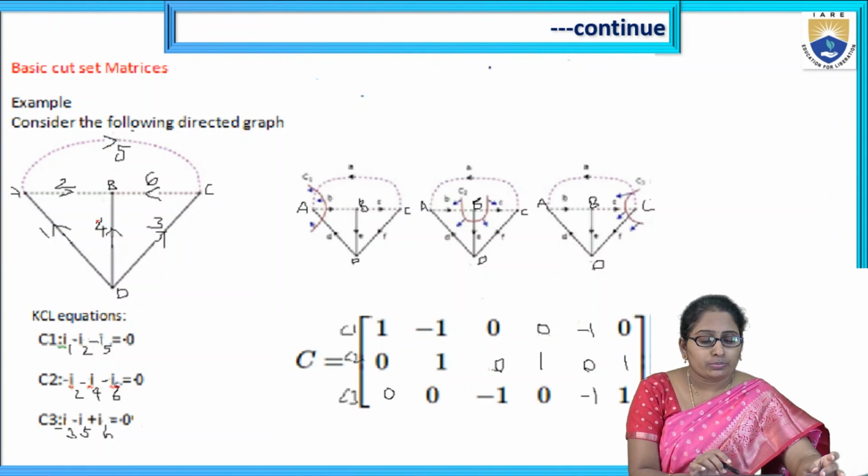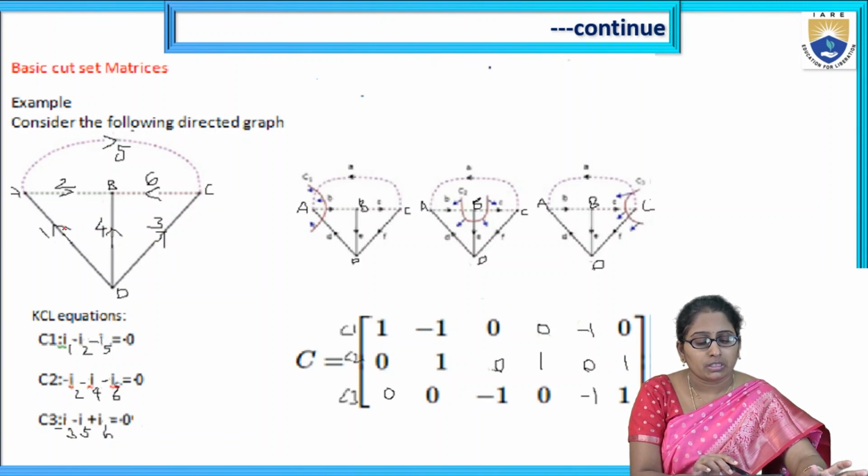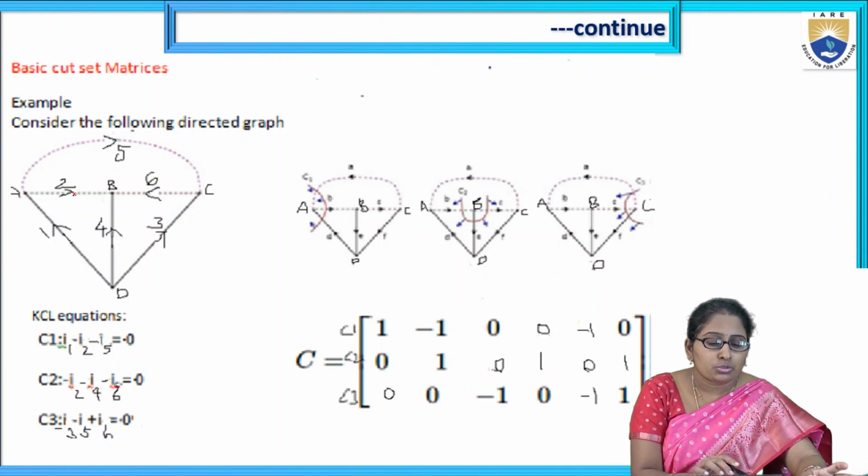So the tree is taken with the branches 1, 3, 4, that means no closed path, and the nodes are the same, A, B, C, D. The remaining branches form the cotree, shown with dotted lines here. Its branches are 2, 5, 6.